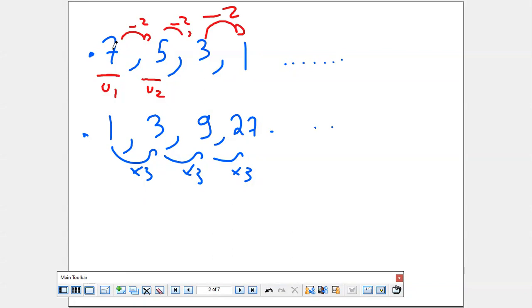All the time, guys, the first term we call it U1 or V1 or sometimes A1 or B1. It's linked with what we name the sequence. The second sequence, if you look at it, how you got 3 from 1, it's times 3, times 3, times 3. Those specific sequences have a name, we'll see it later on in another video.